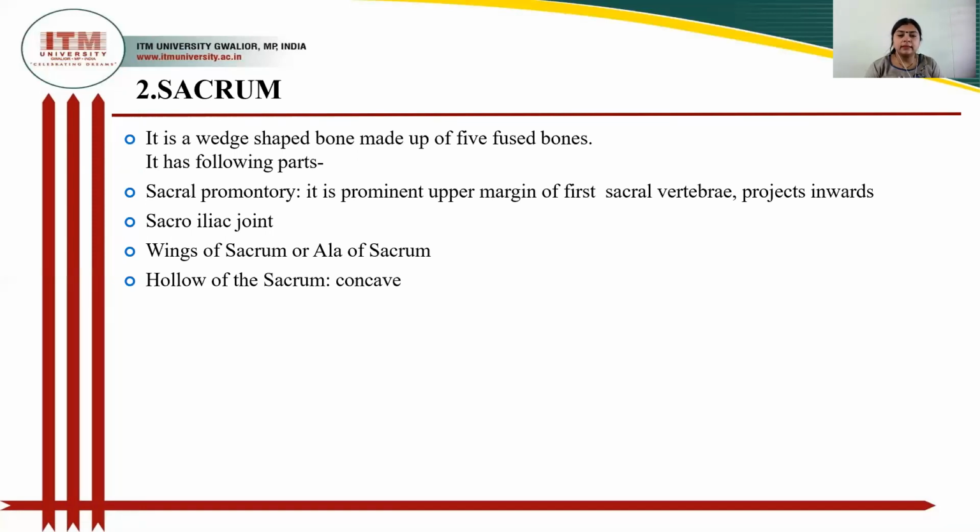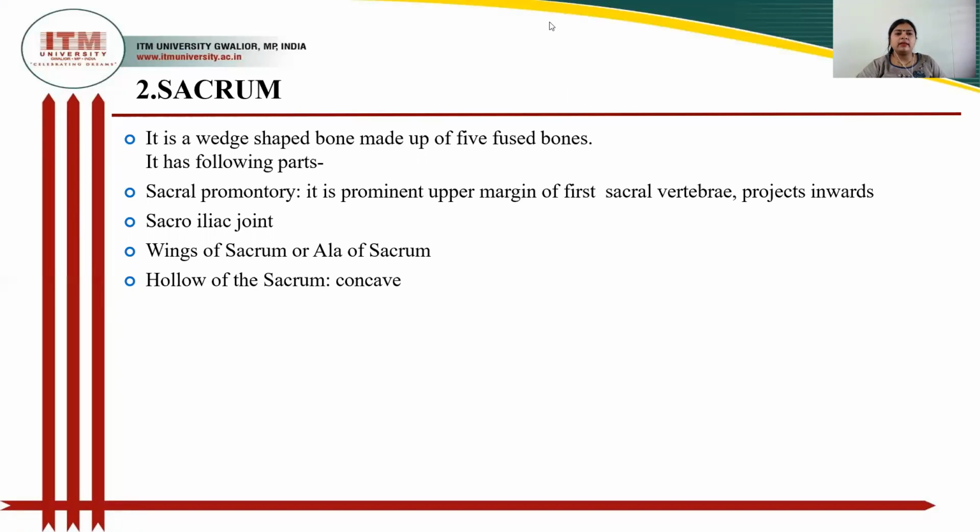So the next part is the sacrum. It is a wedge-shaped bone, made up of 5 fused bones. Five bones have been fused together to make one bone, the sacrum.